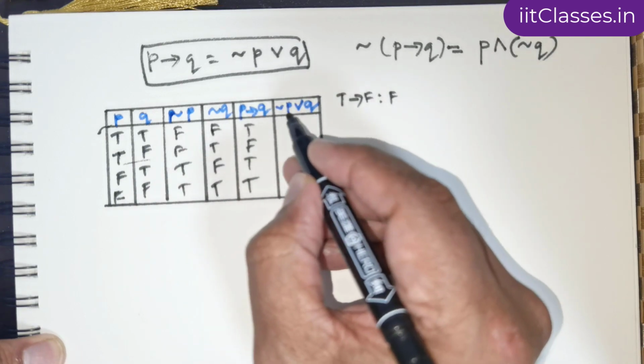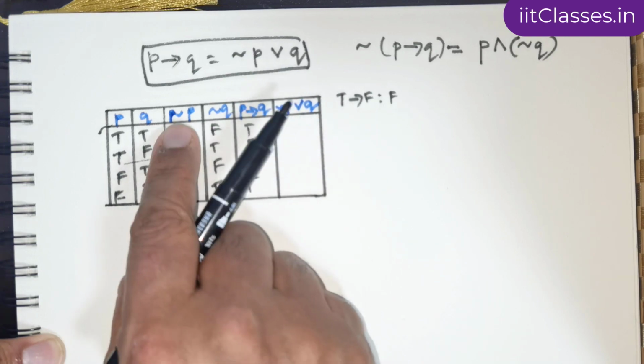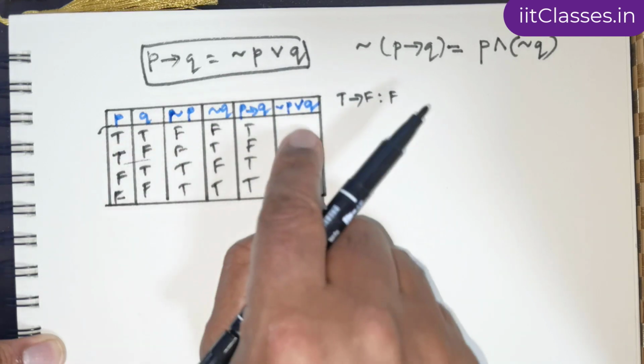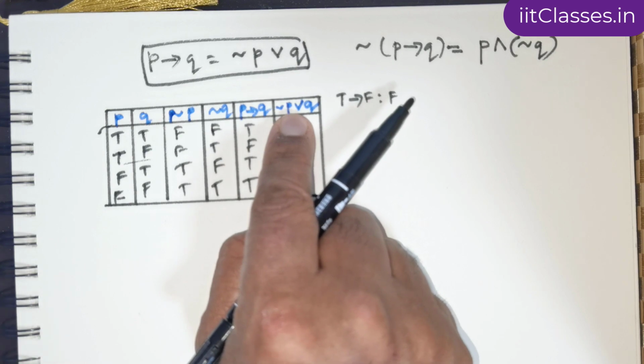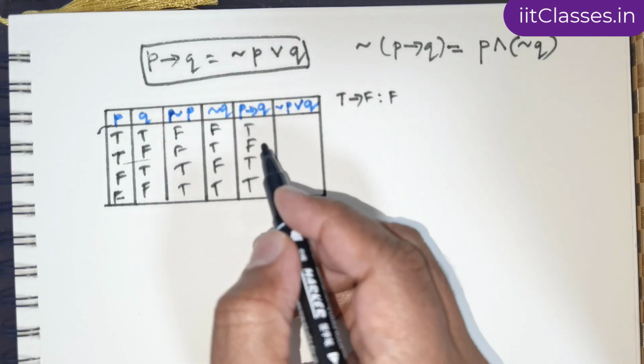Now this is going to be negation of P in disjunction with Q. The disjunction is treated as the addition operator. Have that in mind, so that would be simple to obtain.